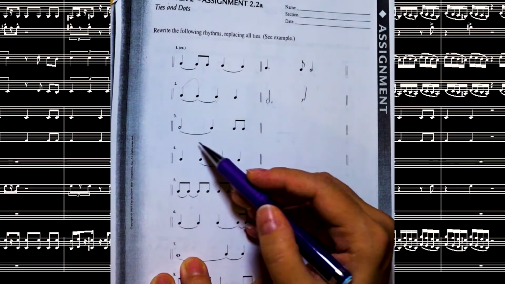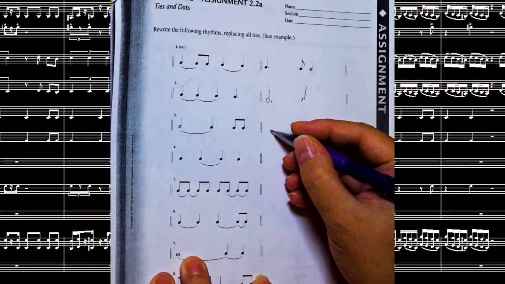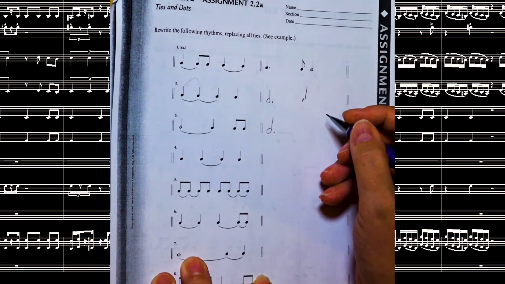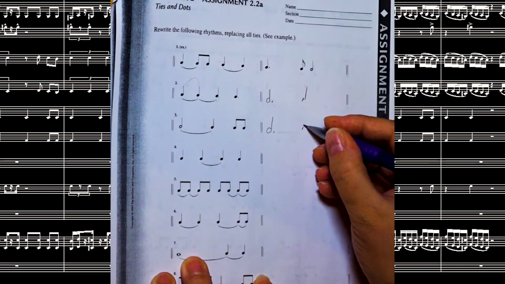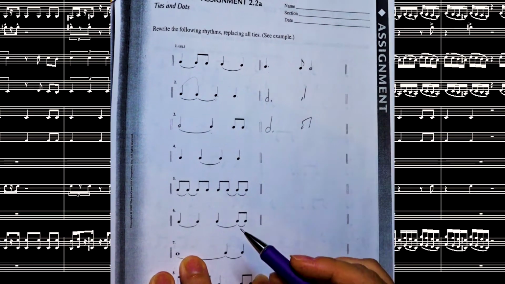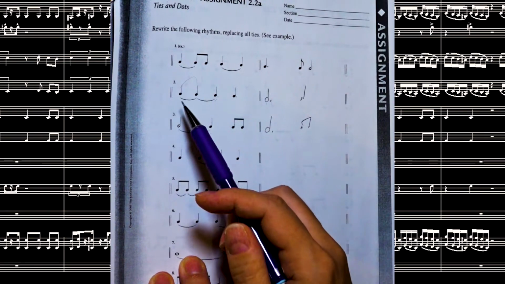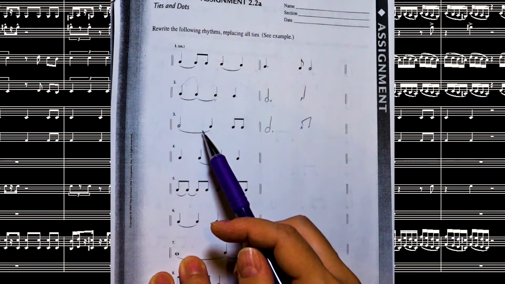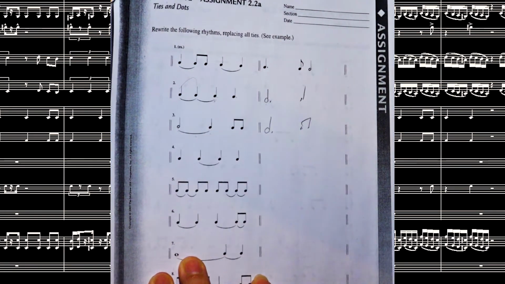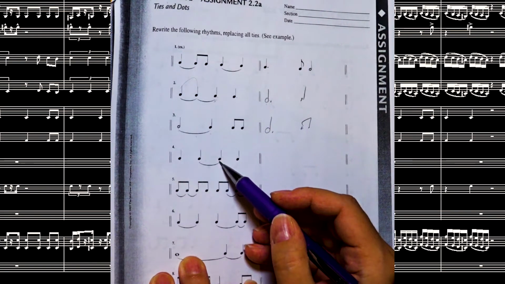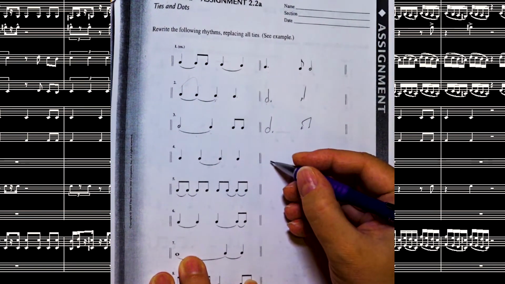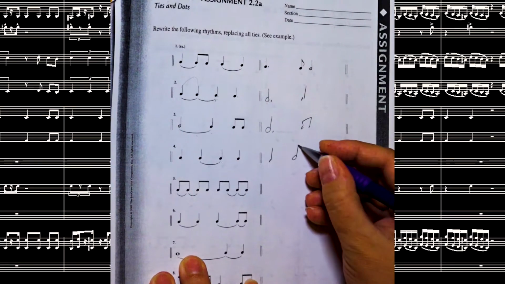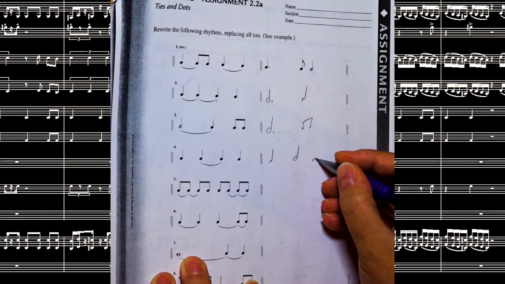All right. So you got 2 and 1 again, and those 2 are the same. So if someone plays this and this, they will all sound the same. 2 quarters make a half note, so you have 1 half and a quarter.